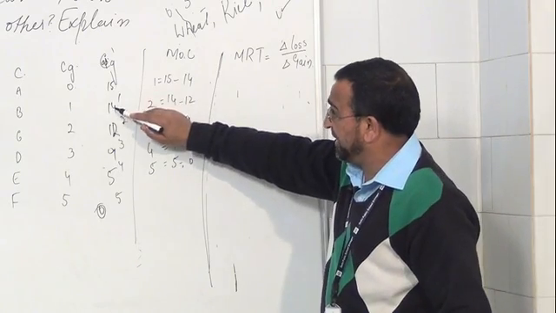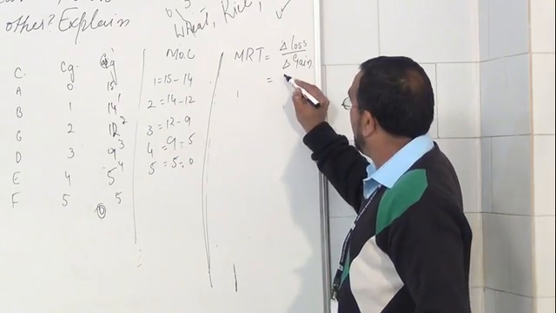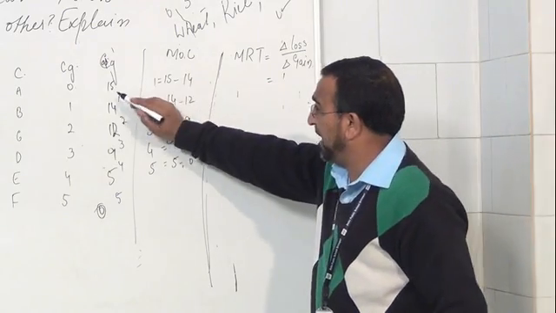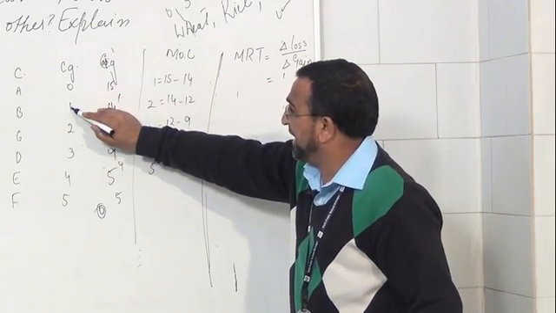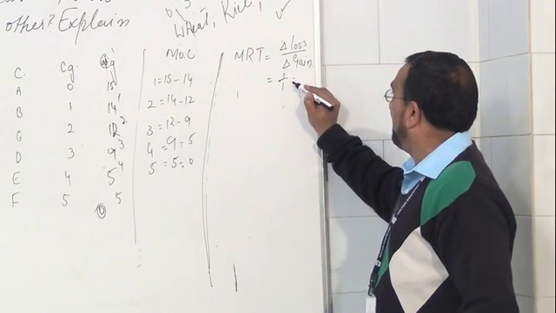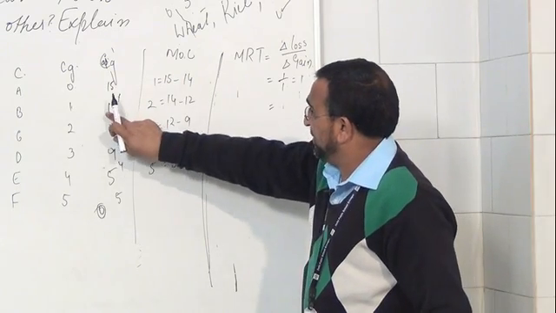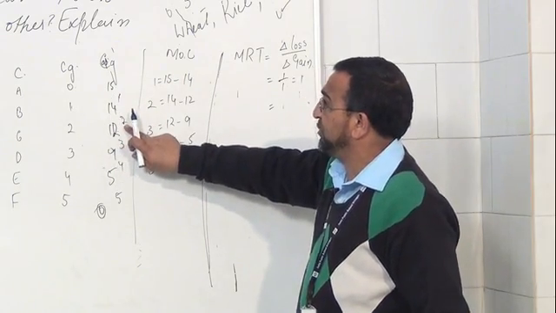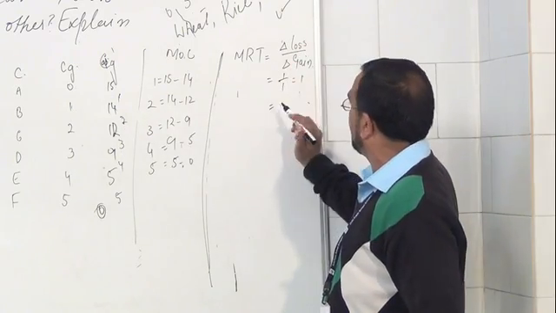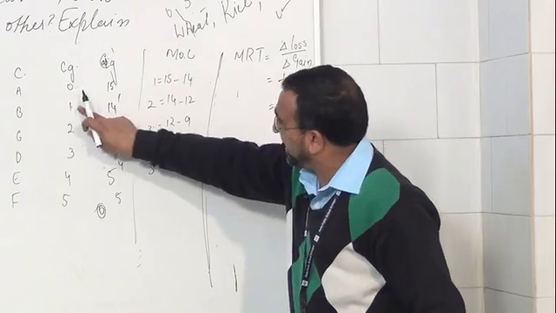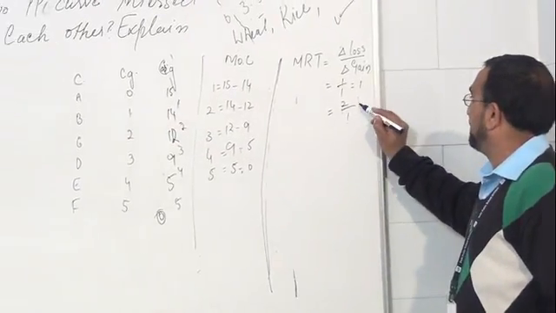The loss change is 1 divided by change in gain, that is 1. 1 divided by 1 is equal to 1. Then we have change from 14 to 12, the change is equal to 2. That means delta loss is 2 divided by delta gain, that is 1, that is equal to 2.